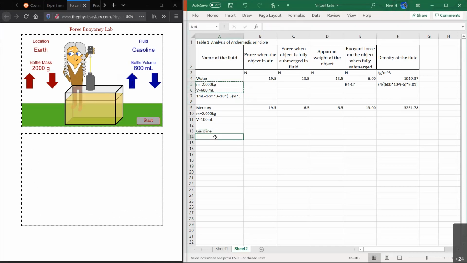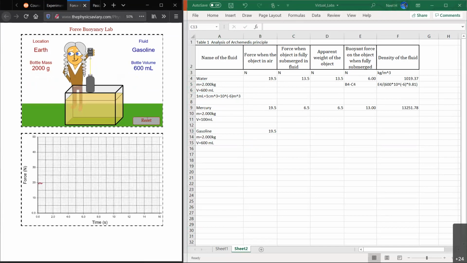So let's copy paste into here, and then I need 19.5, which will be the same. That's the real weight, and all you need is to let the simulation run. Wait until the line becomes horizontal after it is fully submerged, and then extract the value from there.